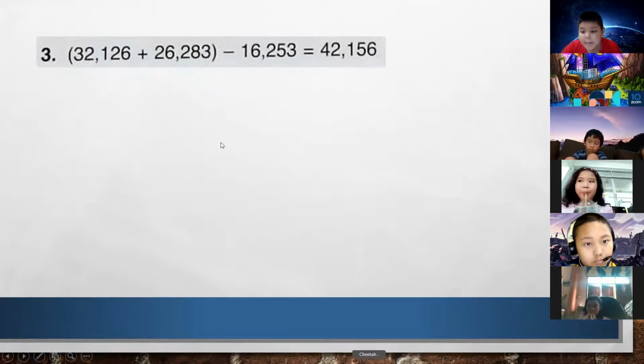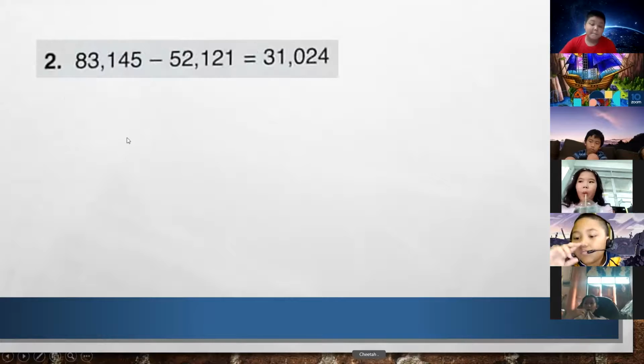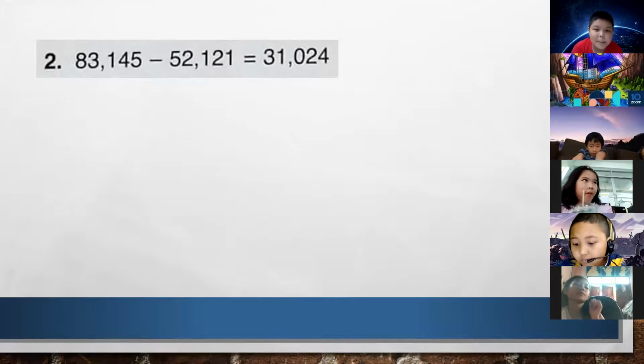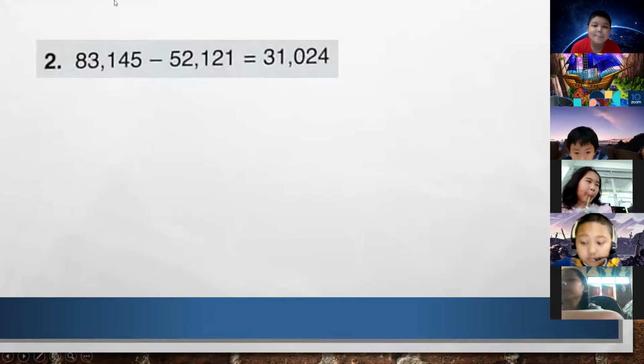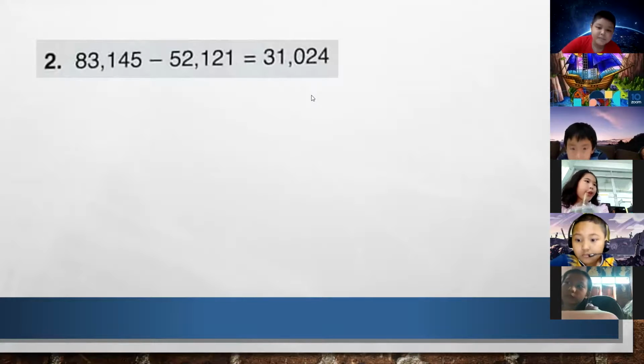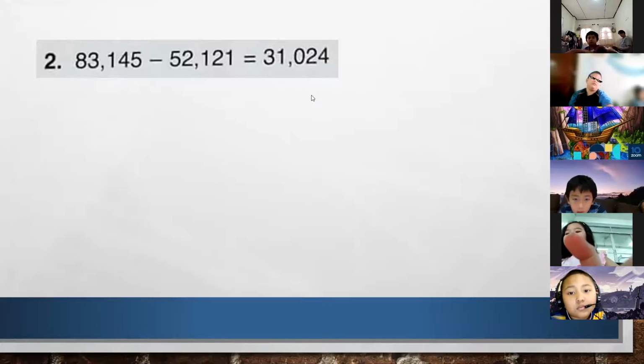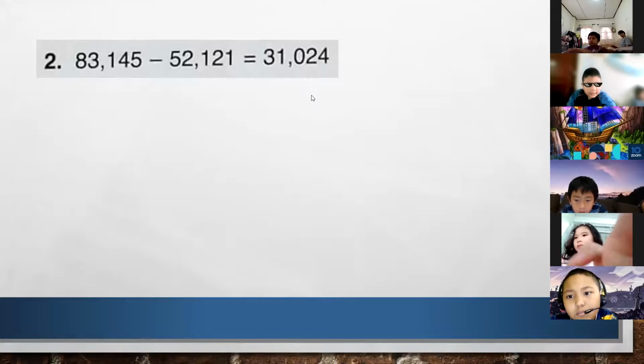The second equation is 83,145 minus 52,121 is equal to 31,024. Who wants to make a story? Four participants raised their hands. Okay, nice.